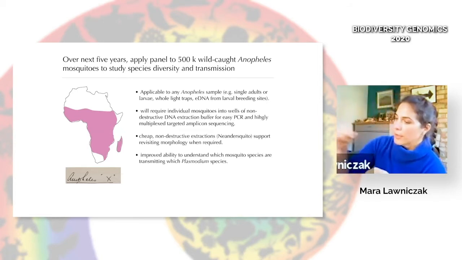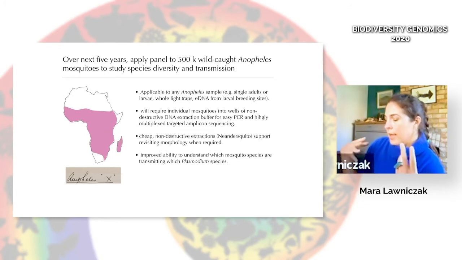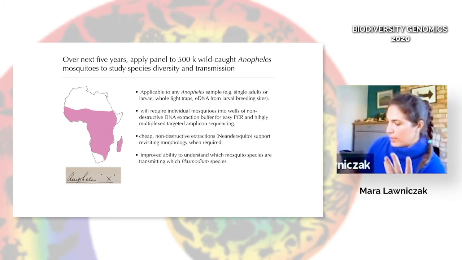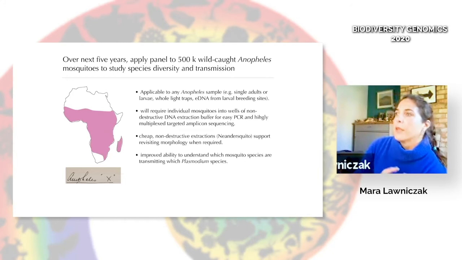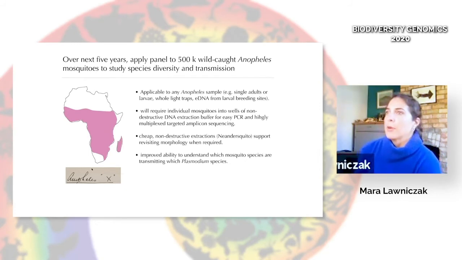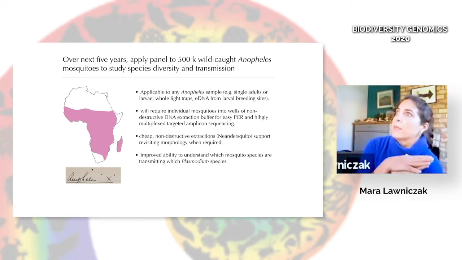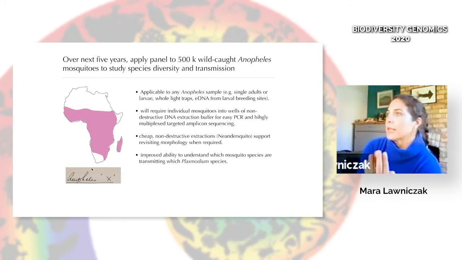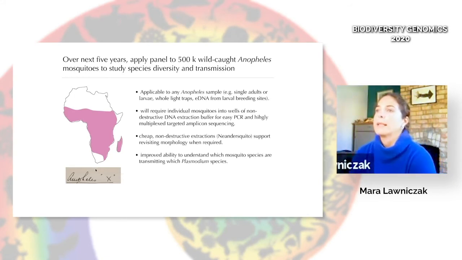You just put a single mosquito in a well of a 96-well plate, and the lysis buffer extracts the DNA. You use that as your template for this targeted amplicon sequencing. If you see something that's odd, like Anopheles X here, you can go back to the specimen and identify whether there are any morphological characteristics that help you see what makes that specimen different from another species.